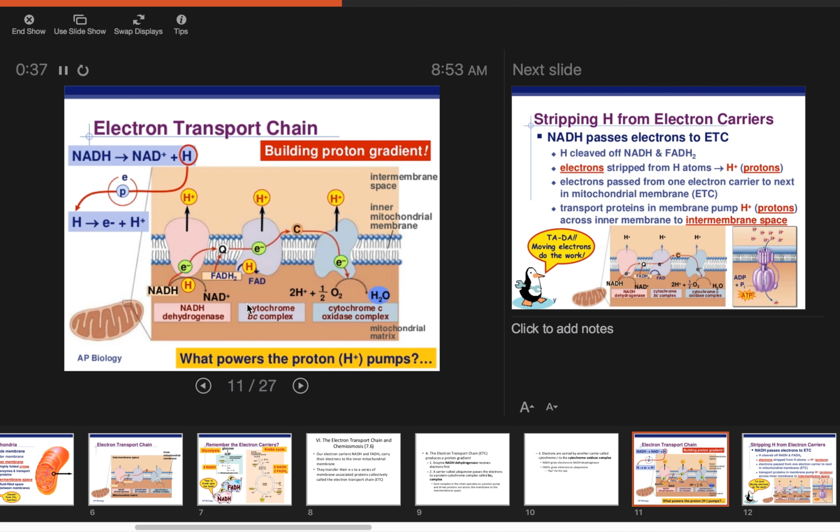Ubiquinone travels to the cytochrome BC1 complex. More hydrogens get pumped across. Electrons get picked up by cytochrome C, which travels to the cytochrome C oxidase complex. Hydrogens get pumped across. And then these electrons, after they've traveled through these 3 complexes, get picked up by oxygen. That's the final electron acceptor, combined with 2 H pluses to form water.